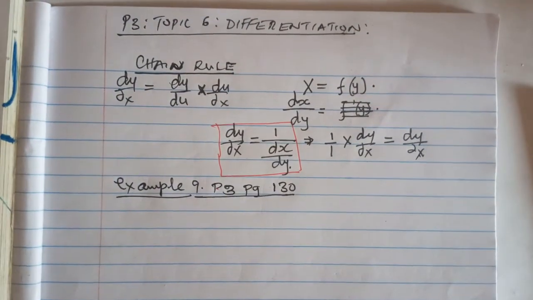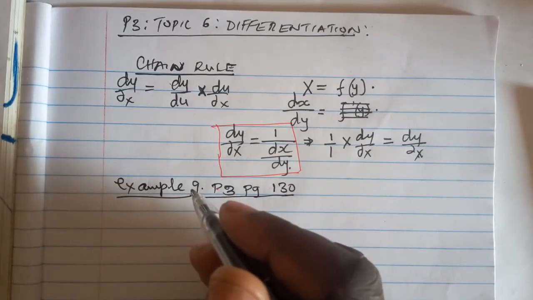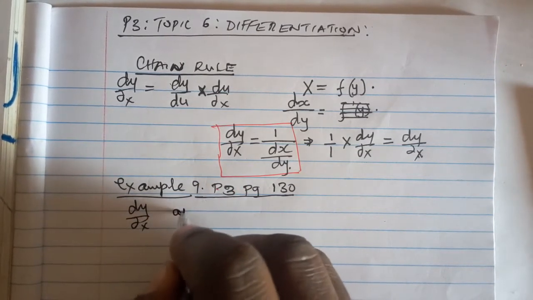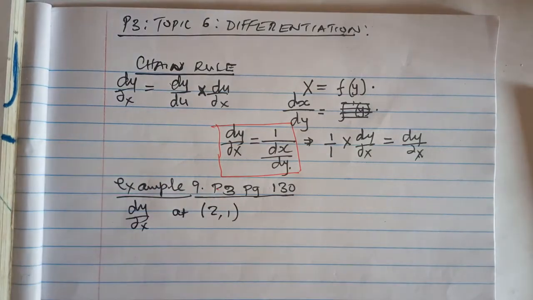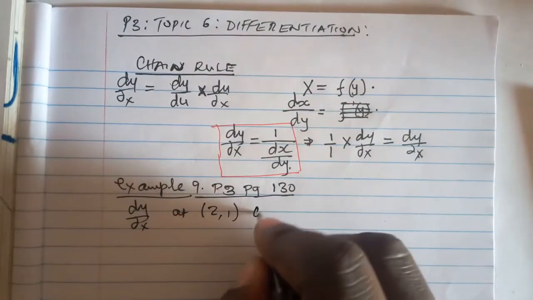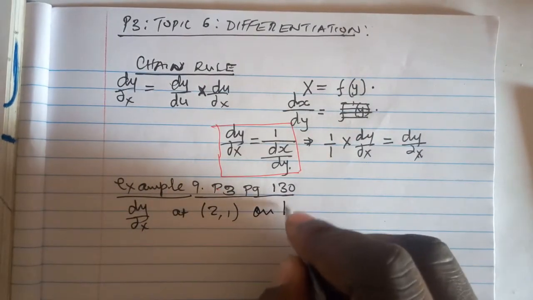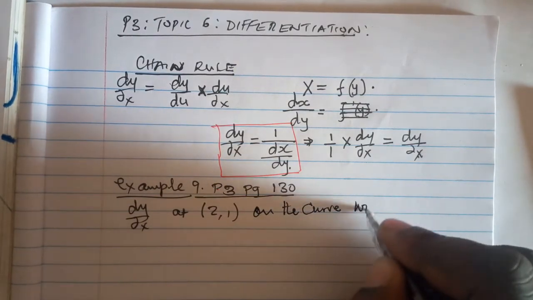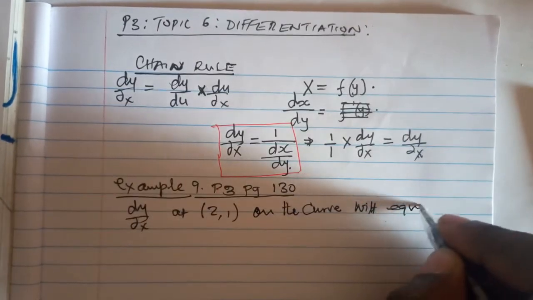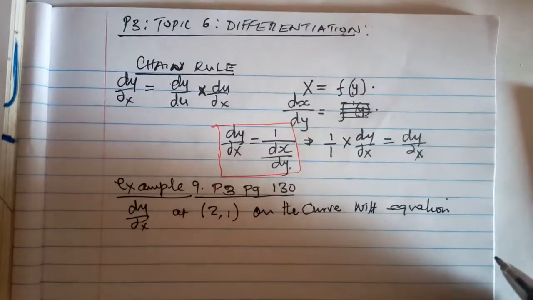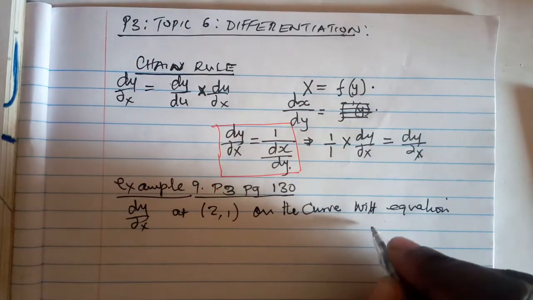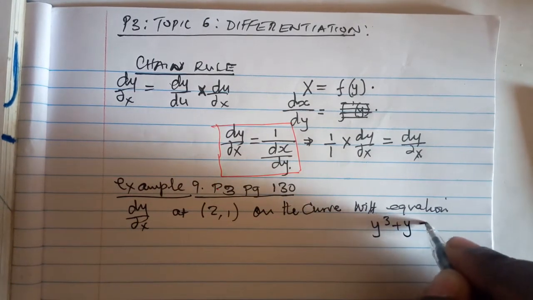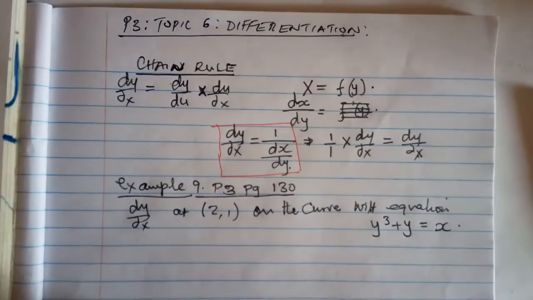Find dy/dx at the point (2, 1) on the curve with equation y cubed plus y equals x.